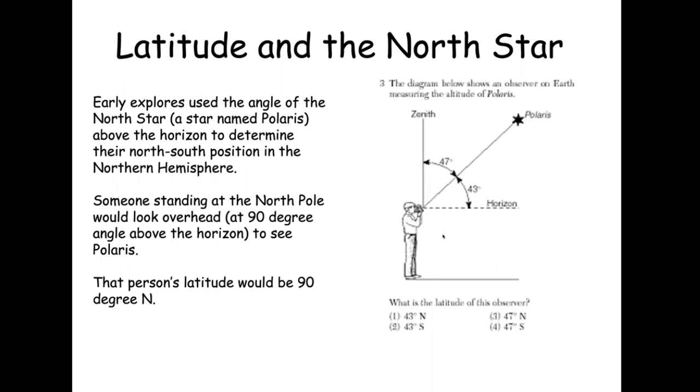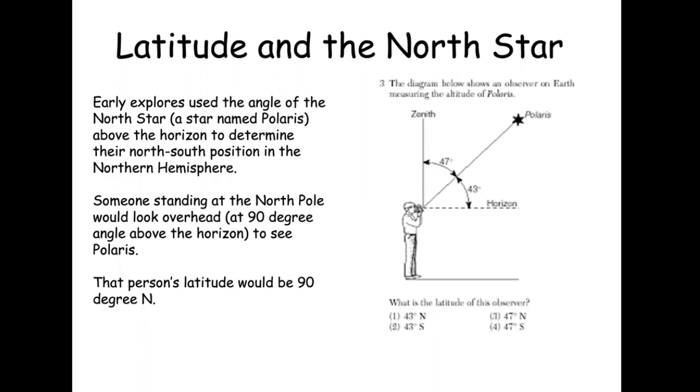This diagram shows an observer on Earth measuring the altitude of Polaris and the angle that it creates with the horizon, the angle of 43 degrees. What is the latitude of this observer?